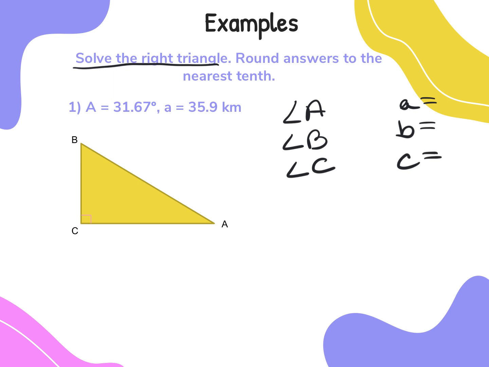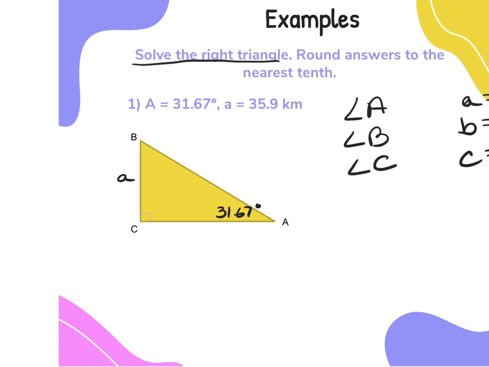So angle A is 31.67 degrees. Lowercase a is going to be located over here across from angle A, and this is equal to 35.9. And these are kilometers. Then lowercase b will be located across from angle B, and lowercase c is over here.